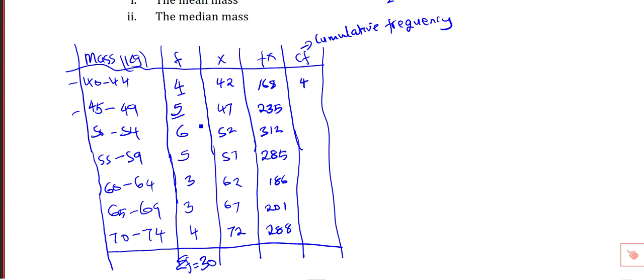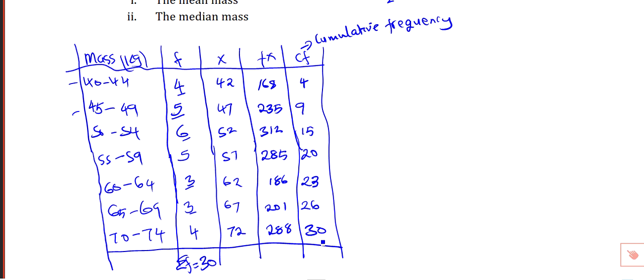So 4 plus 5 gives us 9. Again 9 plus 6 gives us 15. 15 plus 5, that is 20, and then 20 plus 3, that is 23, and then 23 plus 3, 26, and then 26 plus 4 is 30.